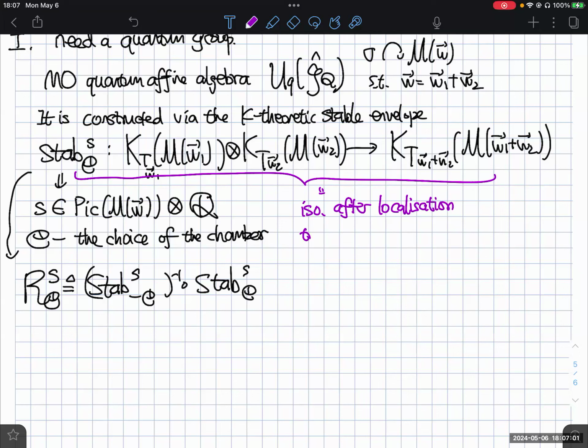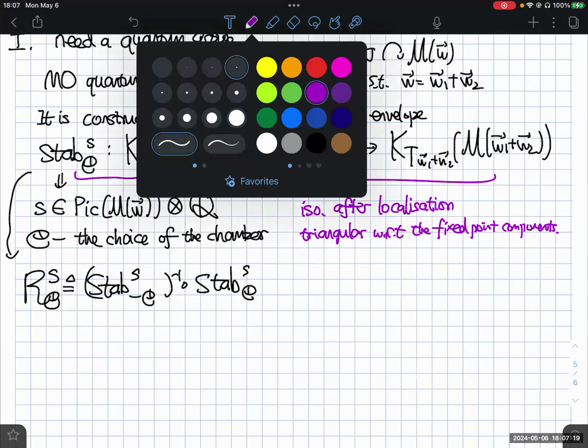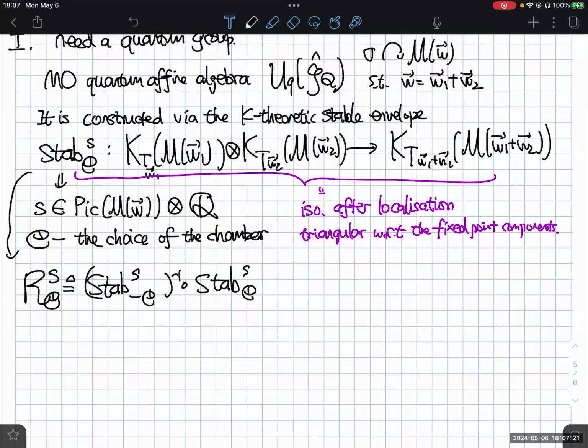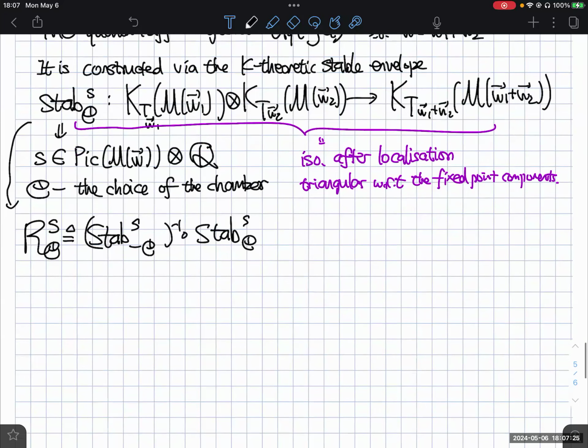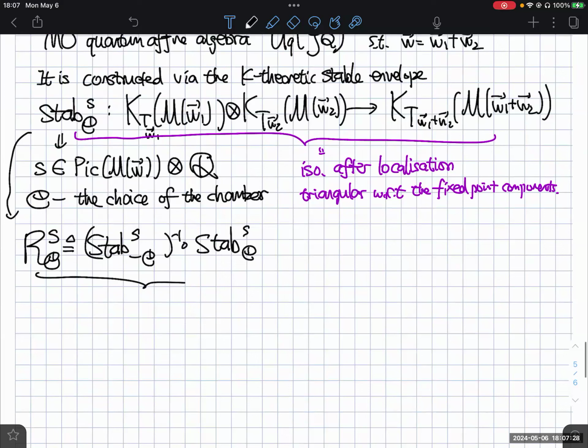And it is triangular with respect to the fixed point components. There is an order on the fixed point components, given by the direction of the flow, for the attracting space. In this way we can define this geometric R matrix.